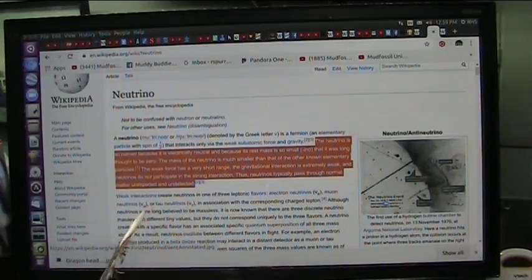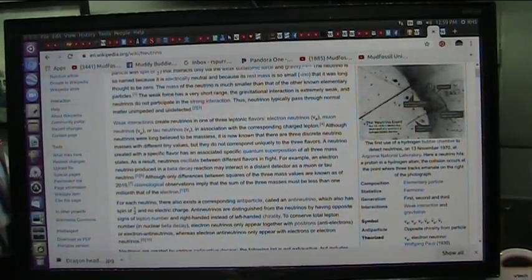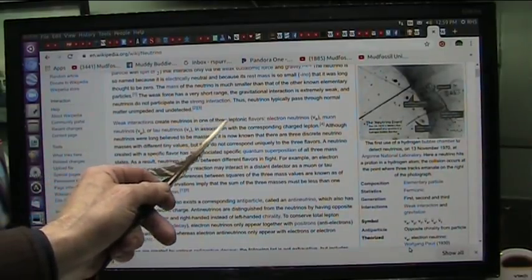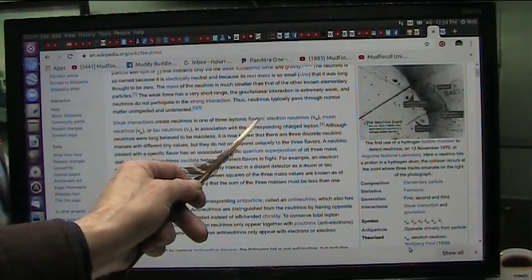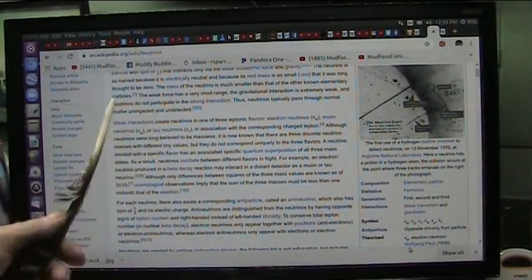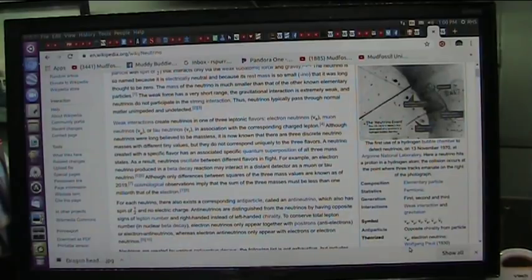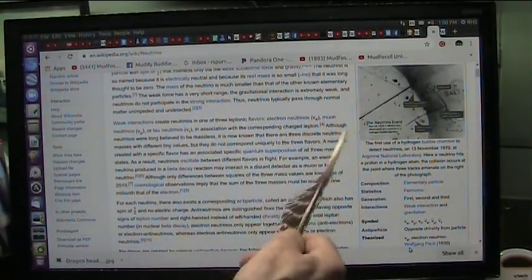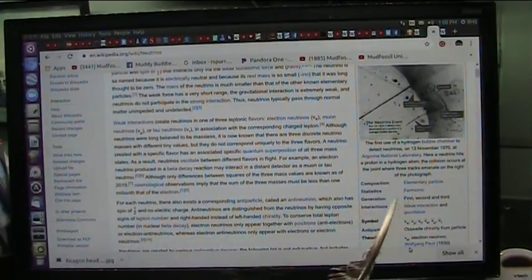Now, what else do we have here? Weak interactions. Well, what is that all about? Weak interactions create neutrinos in one of three flavors: electron neutrinos, muon neutrinos, tau neutrinos. I have the electron neutrinos. So I'm working with electrons, and I have the electron showers, the electron neutrinos. I showed you that.